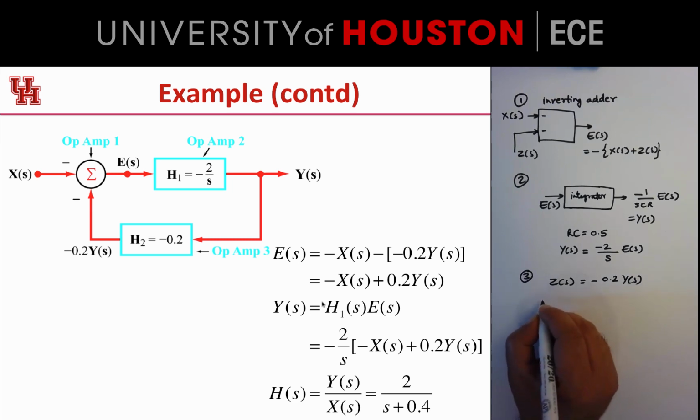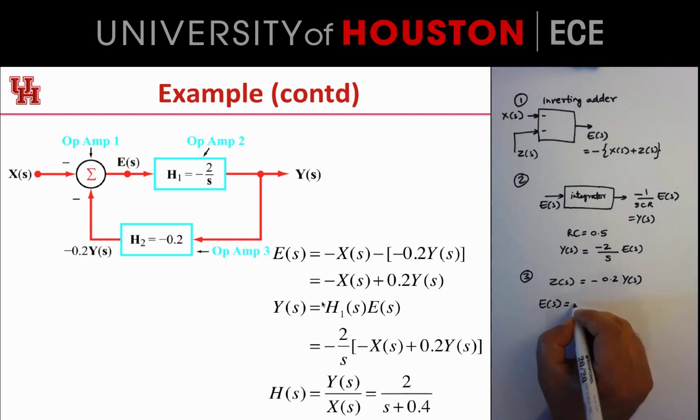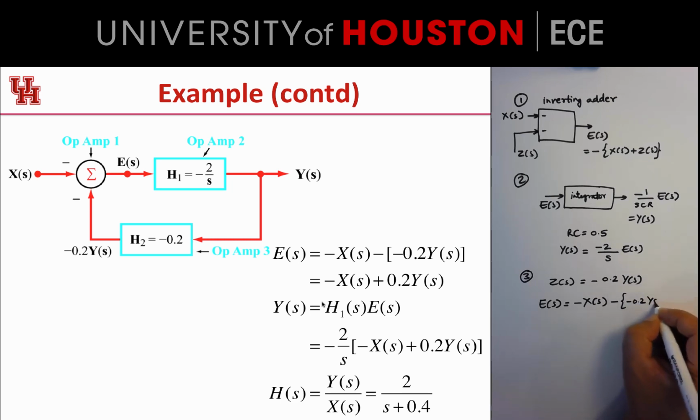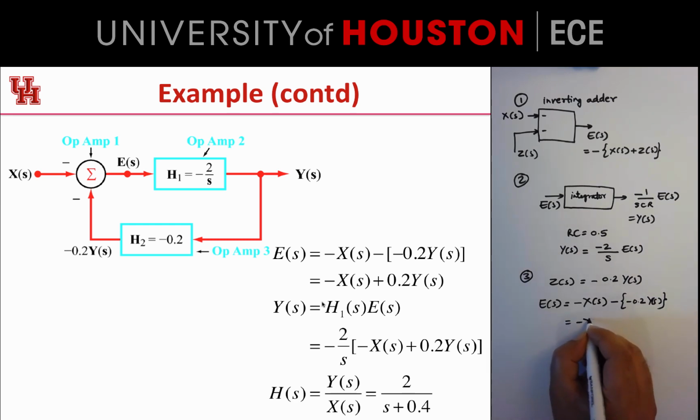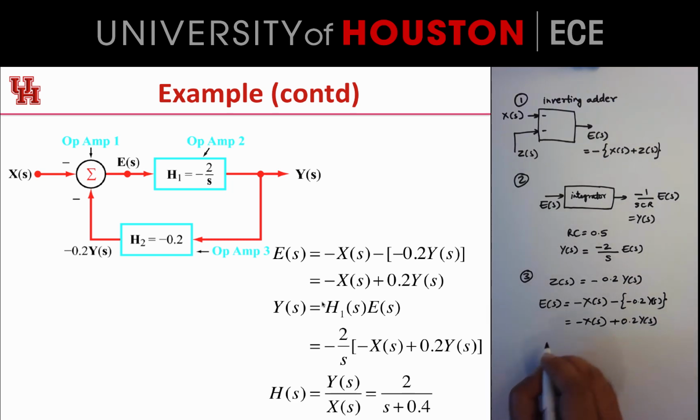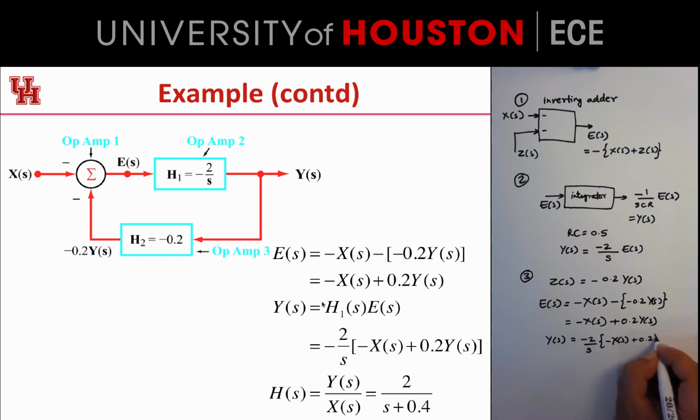E of S is minus X of S minus 0.2 Y of S. So this is the same as minus X of S plus 0.2 Y of S. Now Y of S is H1, which is minus 2 over S, times E of S. And E of S, I know from this formula, is minus X of S plus 0.2 Y of S.